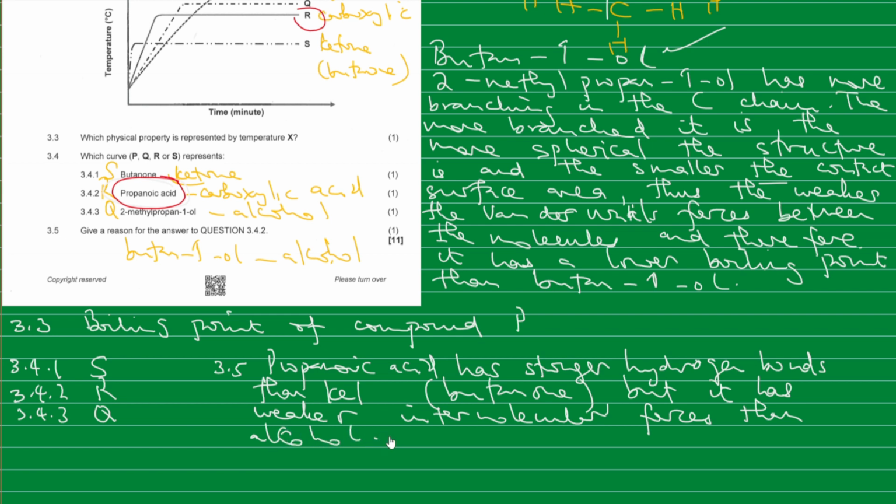So what does that mean? It means it has got a higher boiling point than a ketone, and therefore it has got a lower boiling point than alcohol. Therefore, you can put it that way.